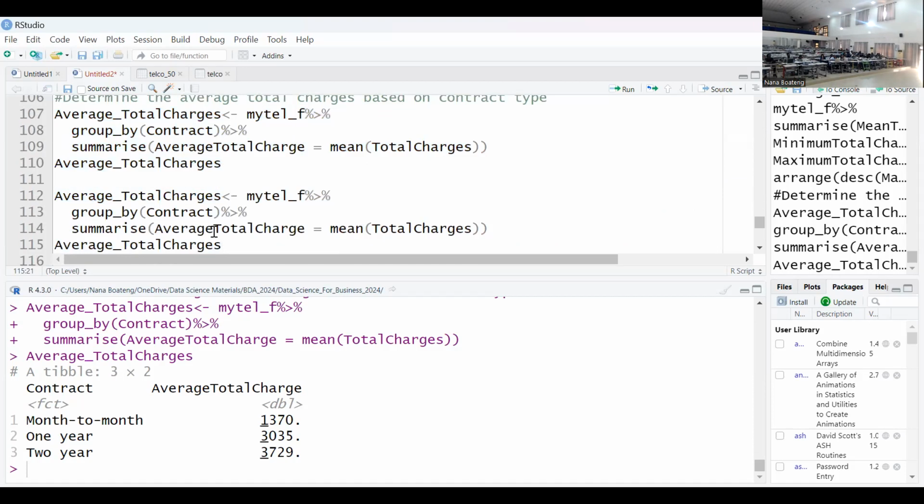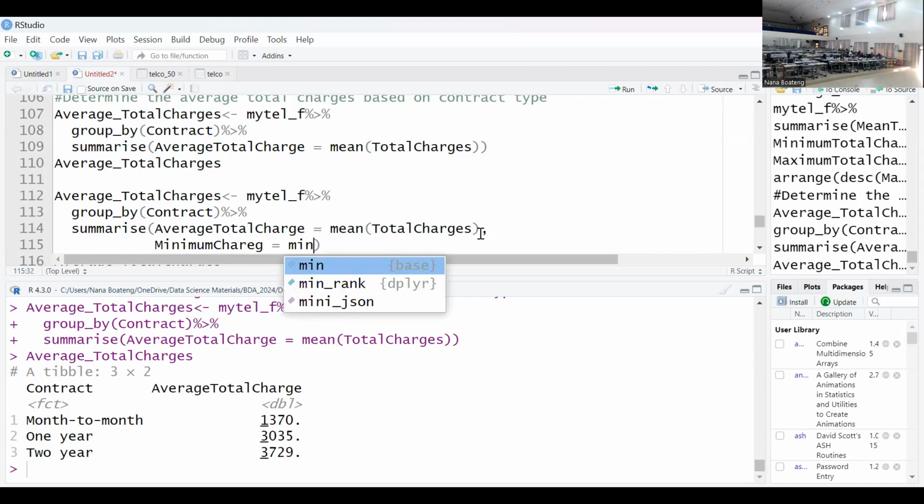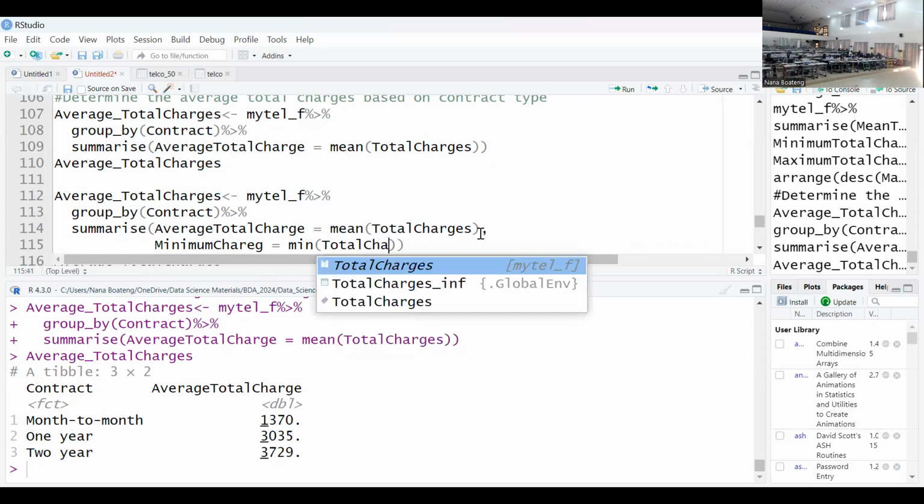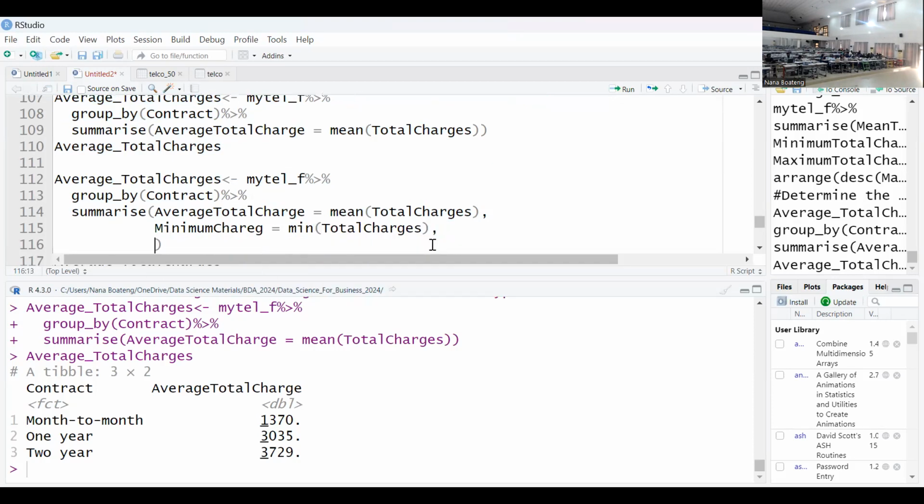So that means that in your summarize, instead of just having this, you can add minimum to it, isn't it? So this will be minimum total charge. And then we can add the maximum.